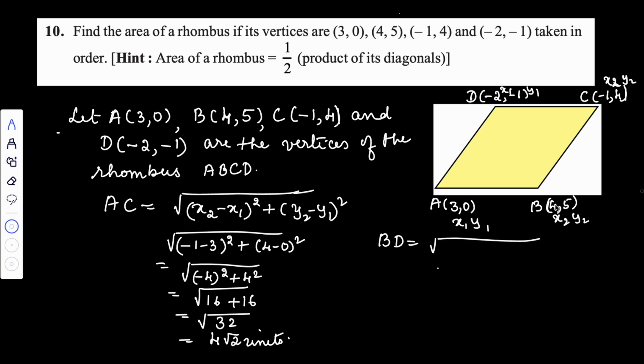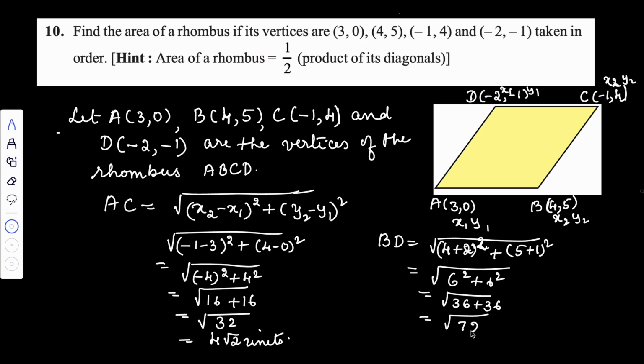Root of (4 minus of minus 2) the whole square plus (5 minus of minus 1) the whole square, so we will get here 6 square plus 6 square, 36 plus 36, root 72, that is 6 root 2 units.